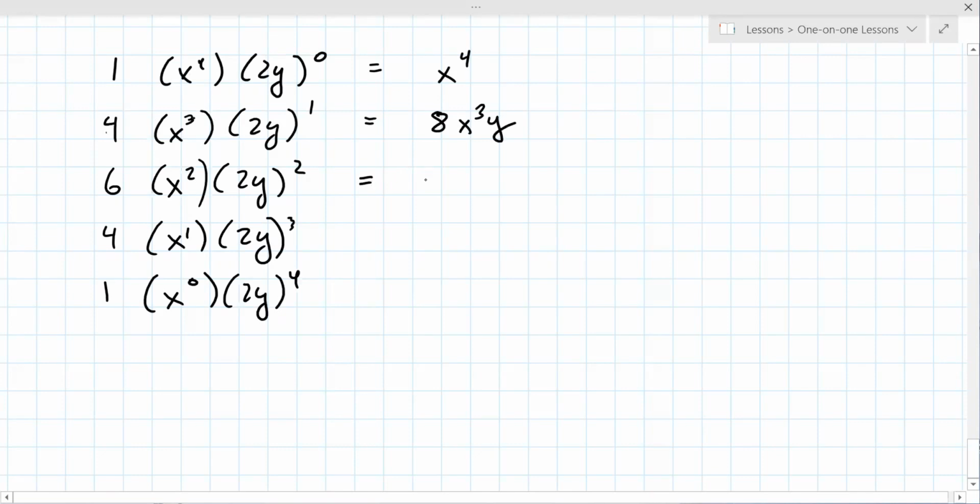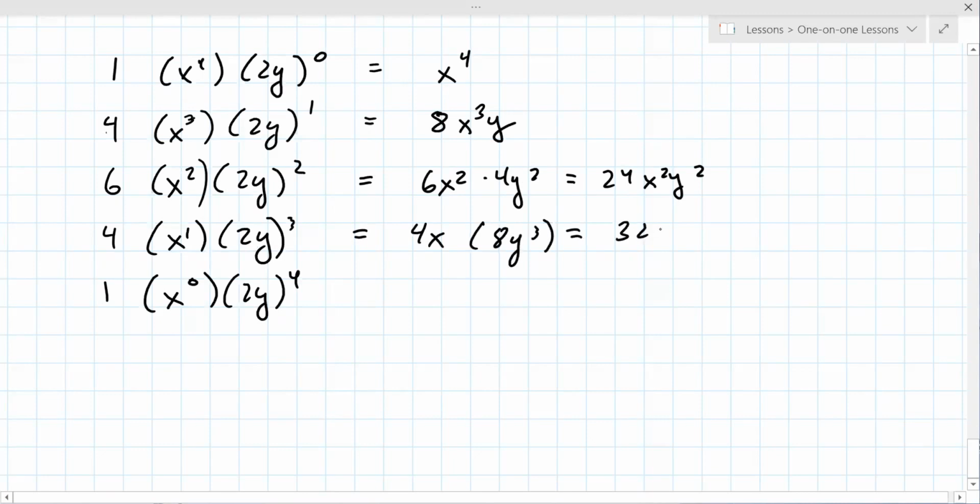This next one's got a little bit more to it, so it's 6x squared. 2y squared is 4y squared, so this becomes 24x squared y squared. This one's 4x, 2y cubed is 8y cubed, so that becomes 32xy cubed. X to the 0 is 1, so this is 1 times 2y to the 4th. 2y to the 4th is 16y to the 4th here.